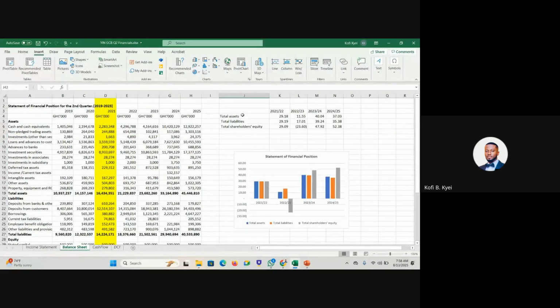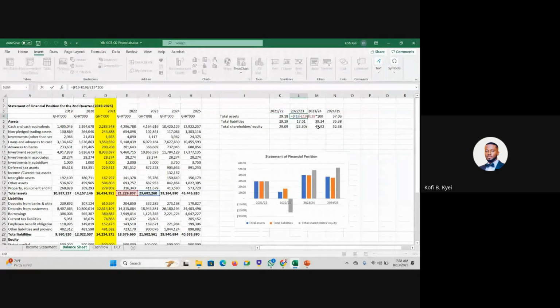Okay, so here too, I picked the total assets, total liabilities, and the total shareholders' equity. Between 2021 and 2022, this was the growth. You compare the current 2022 to the previous 2021 to get your rates.